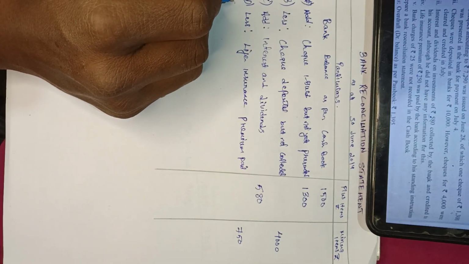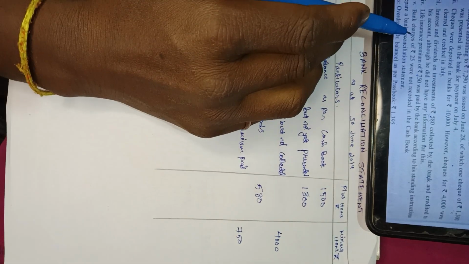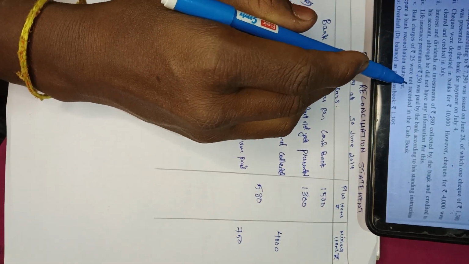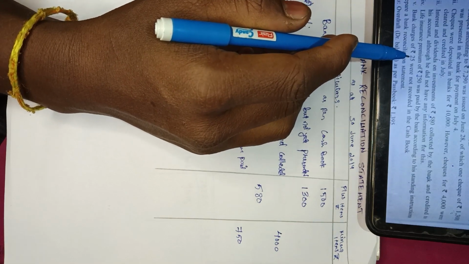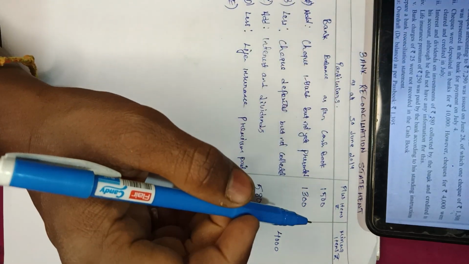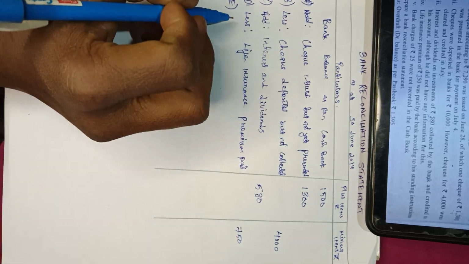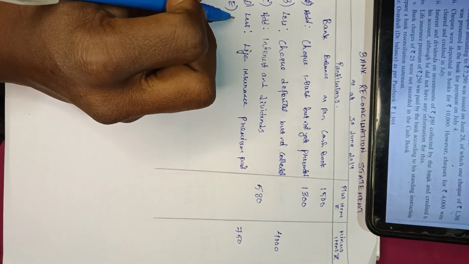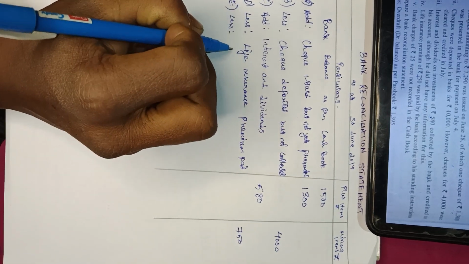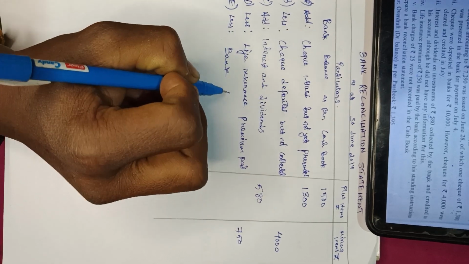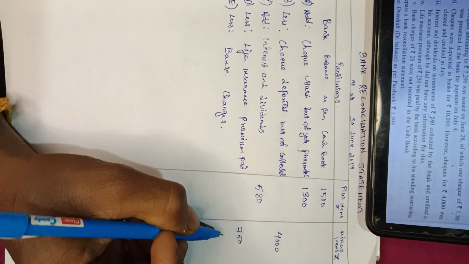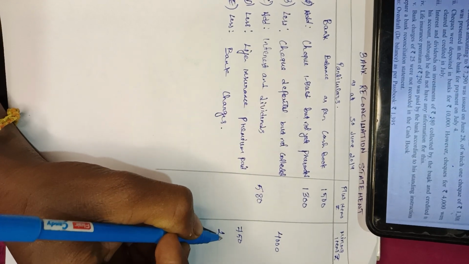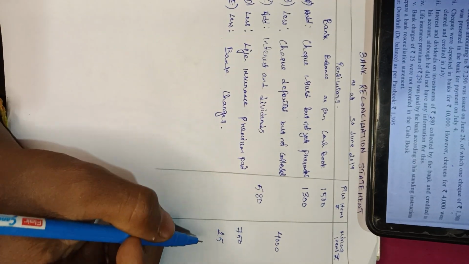Our last entry is: bank charges of rupees 25 were not recorded in the cash book. So we will write less: bank charges, 25 here.